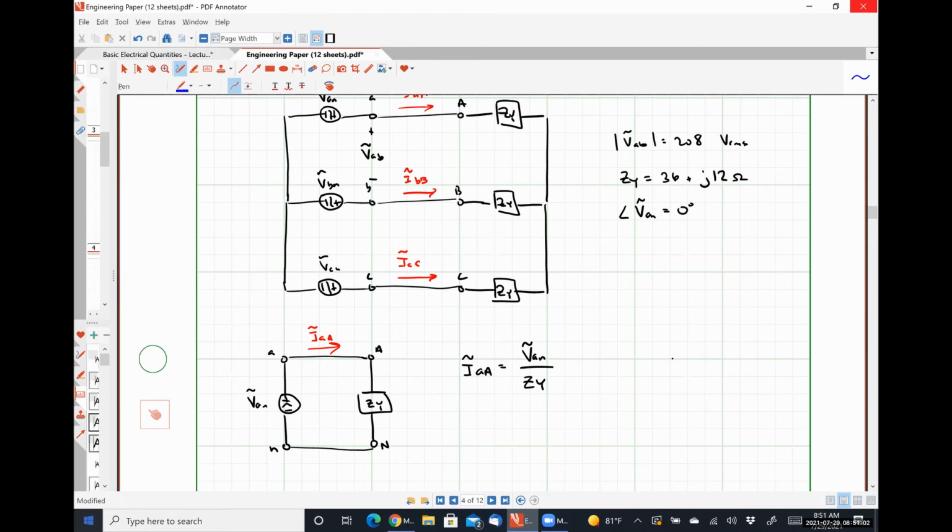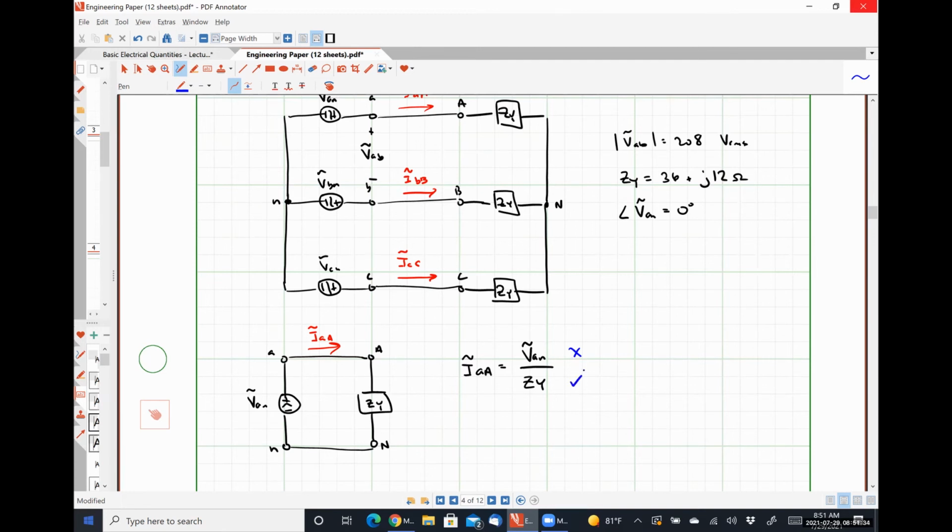VAB is a potential difference between transmission line terminal A and transmission line terminal B. VAN is the potential difference between transmission line terminal A and that neutral node, lowercase n, on the left. So do we have VAN? No, we don't. So we don't know this guy. What about ZY? We got that one guy.